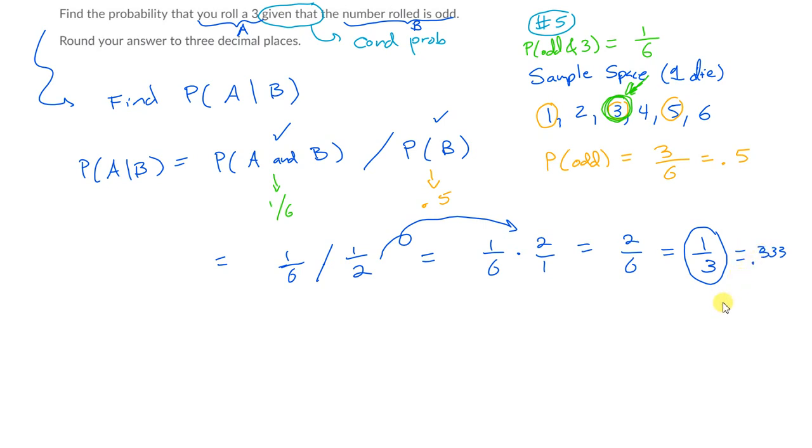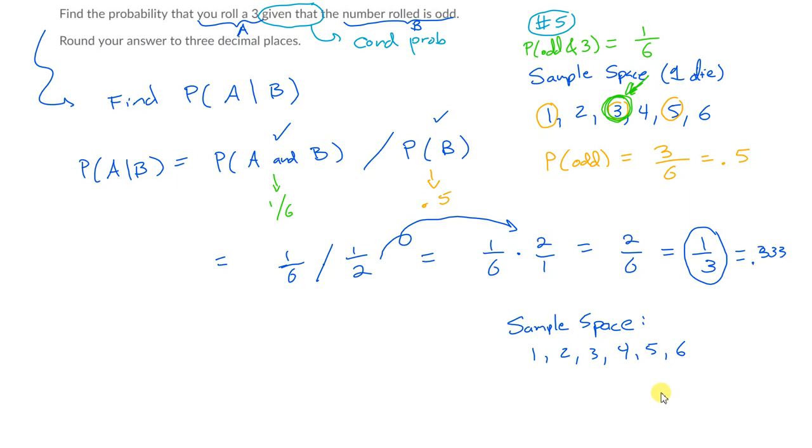Okay, so now, is there another way to do this? The answer is, if you have a listing of everything in the sample space, then you can typically get a conditional probability directly. My sample space is 1, 2, 3, 4, 5, 6.